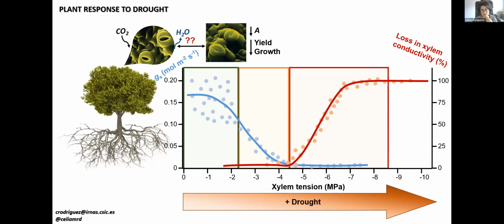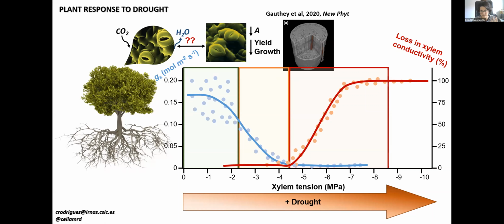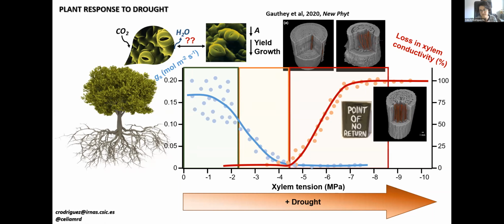When this continues, cavitation appears in the xylem, and this goes to more extreme events, and if we cross the point of no return, this is fatal for the plant, and the plant likely dies.